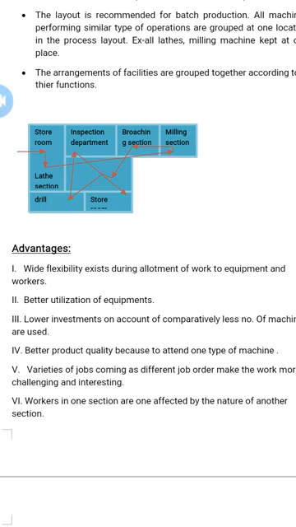But in batch production, different types of work come, which makes the work challenging and interesting. Workers in one section are not affected by the nature of another section. If another section has some failure or disadvantage, that will not affect the workers in the other section.